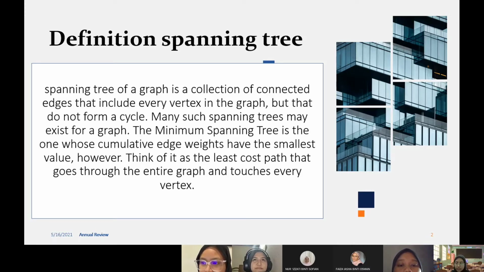Many such spanning trees may exist for a graph. The minimum spanning tree is the one whose cumulative edge weight has the smallest value. Think of it as the least cost path that goes through the entire graph and touches every vertex.